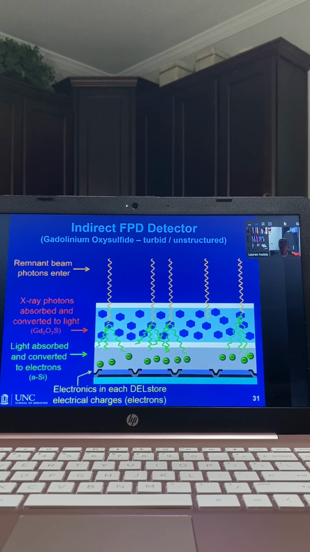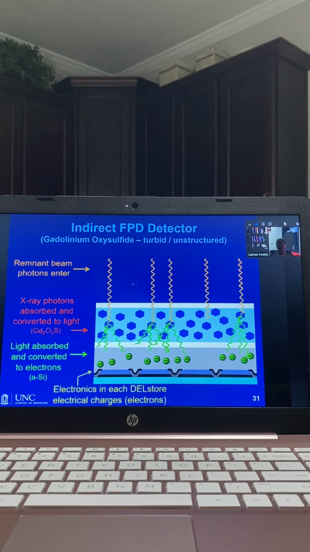If the detector doesn't consist of cesium iodide, then it consists of gadolinium oxysulfide. And it is referred to as turbid or unstructured. If you notice, these phosphor crystals look like barium fluorohalide.